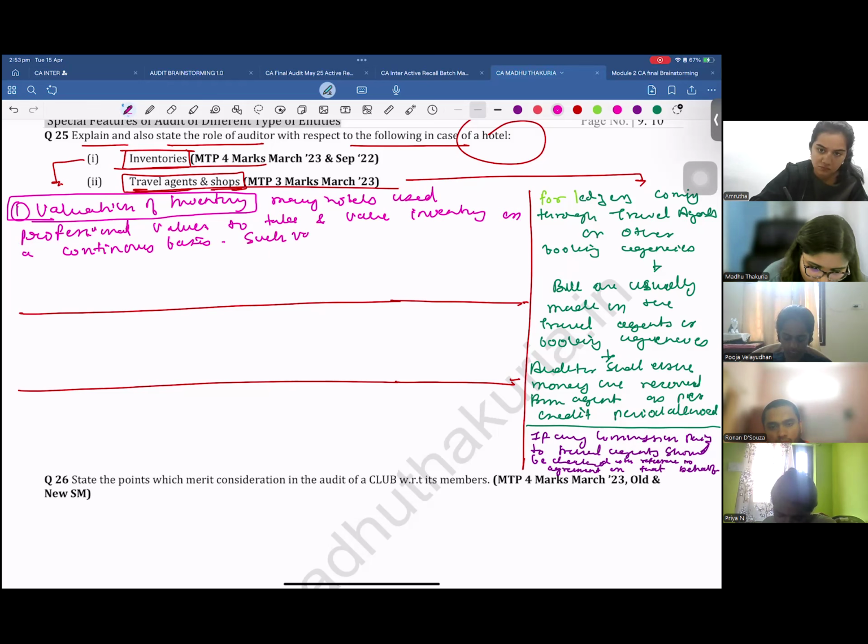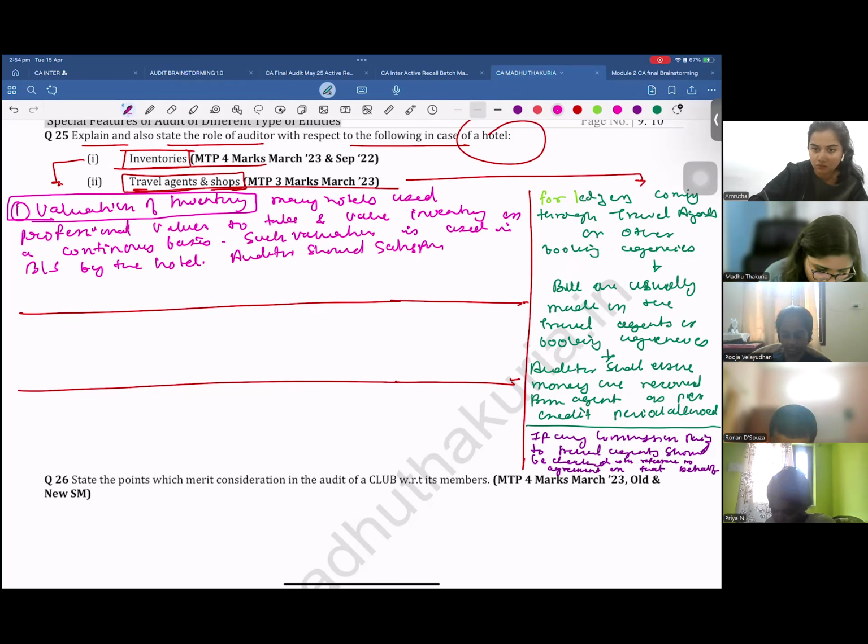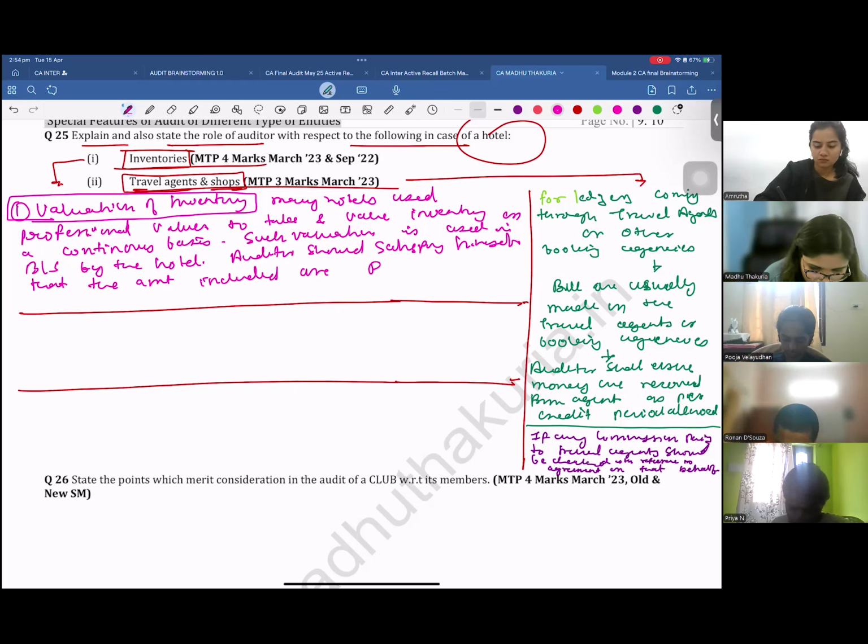Such valuation is used in the balance sheet by the hotels. Auditor should satisfy himself that the amounts included by the professional valuers are reasonable.